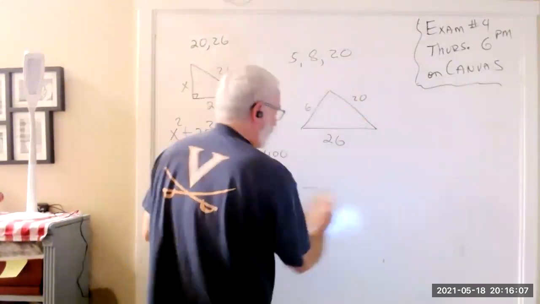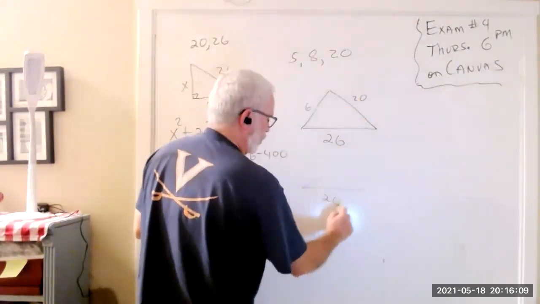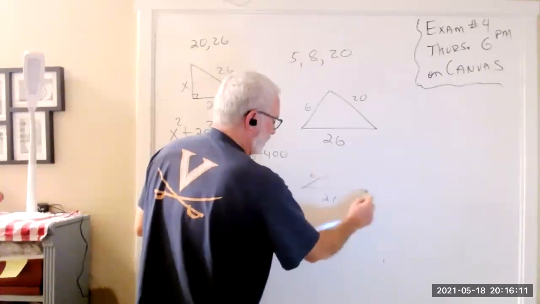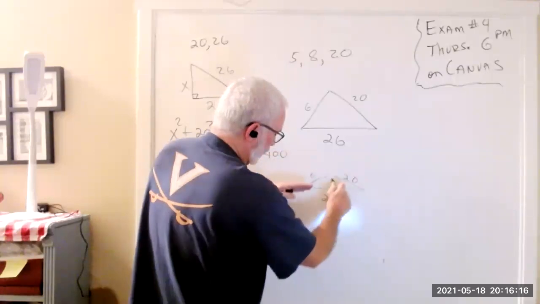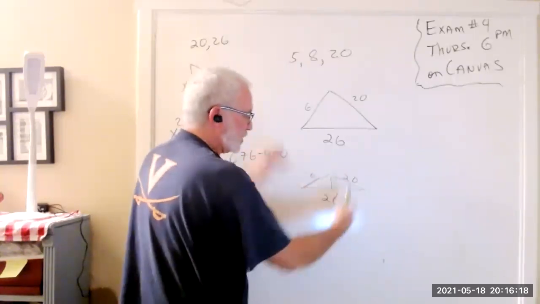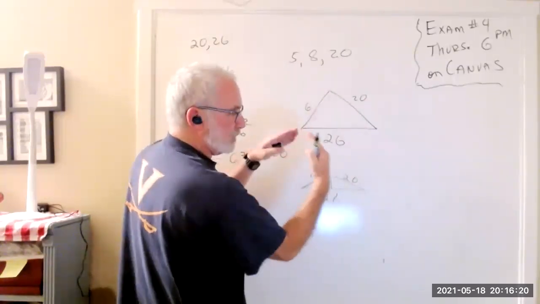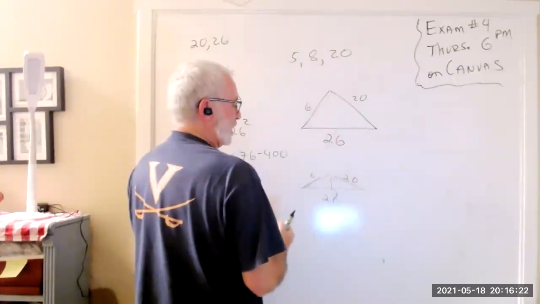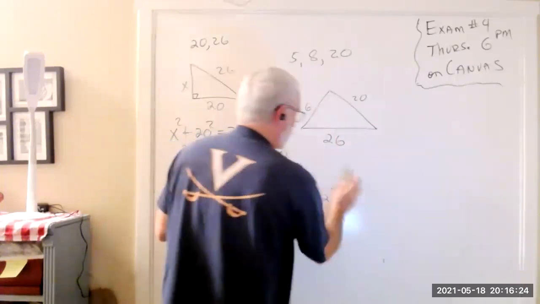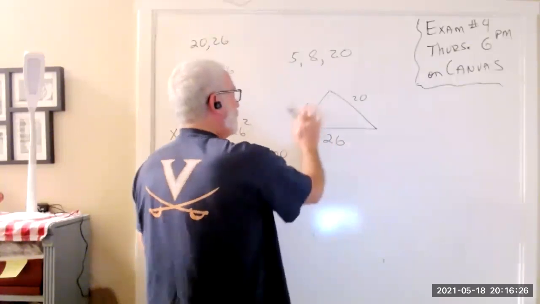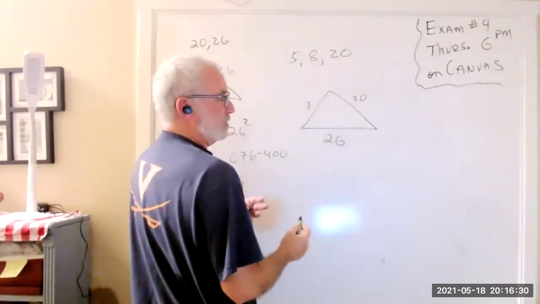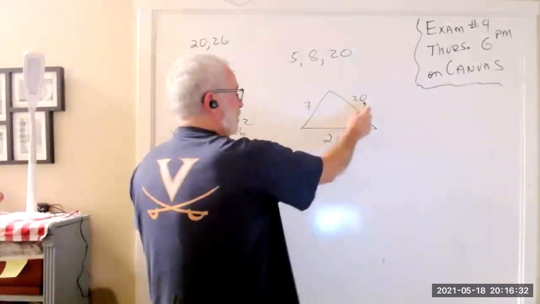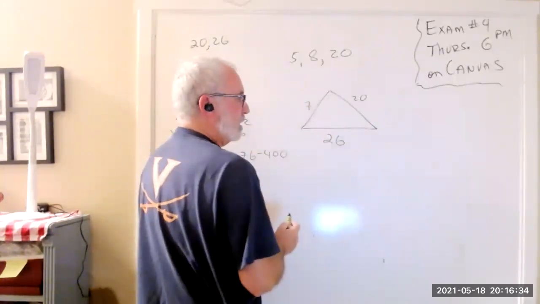You'd get 6 and 20 touching together to make 26, but they wouldn't hold themselves up in a tent, making a triangle. Could it be 7? Yeah, because the sum of these two sides is bigger than that.